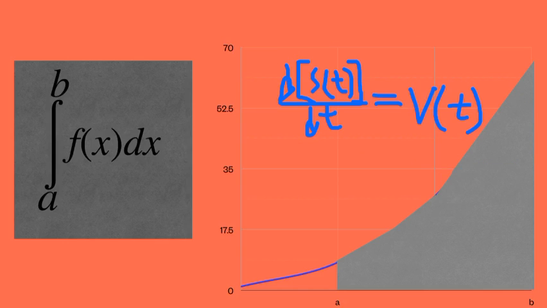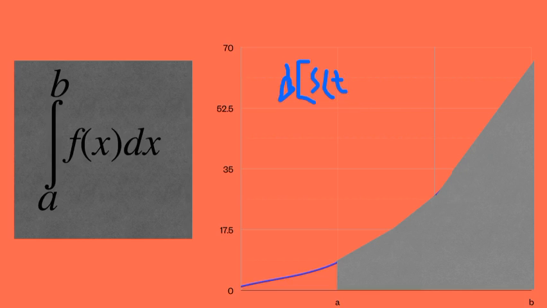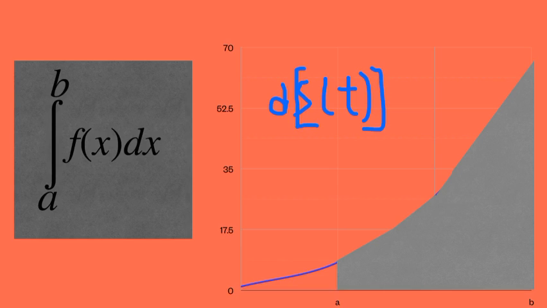So since we have velocity and not this function, we should try to reverse engineer this by moving this over here, right? To get ds of t equals, and I'm just going to write v of t as f of x. Actually, yeah, let's do that.